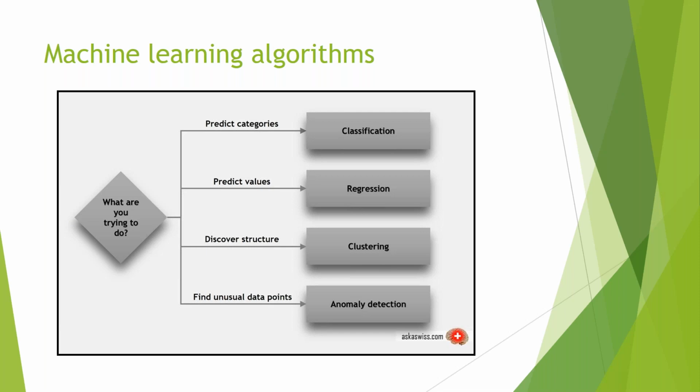If you are trying to predict values, then you are using logistic regression or linear regression algorithms. If you are trying to discover the structure, you are using the clustering algorithms. And finally, when you're trying to find unusual data points, then you use the anomaly detection algorithms.